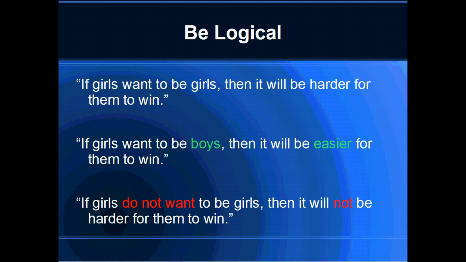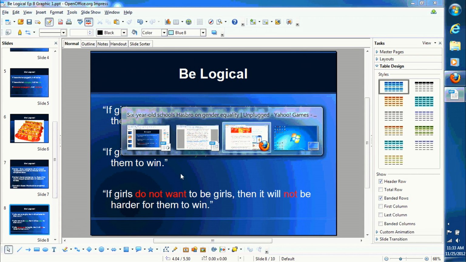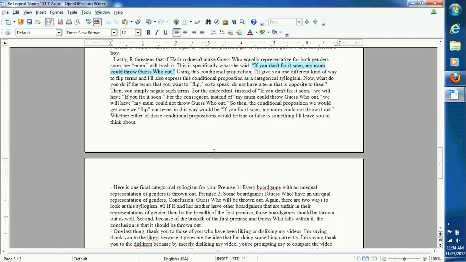Okay? And then lastly, she says specifically that if you don't fix it soon, as in make the game equal in how it represents males and females, my mom could throw Guess Who out.